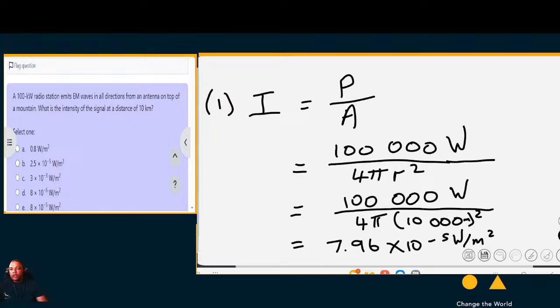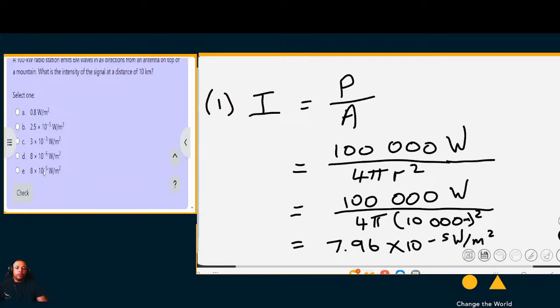Let's see if there is an option for 7.9 times 10 to the negative 5. Nope, there is no 7.9 times 10 to the negative 5. But if you simplify 7.96, it becomes 8 times 10 to the negative 5.